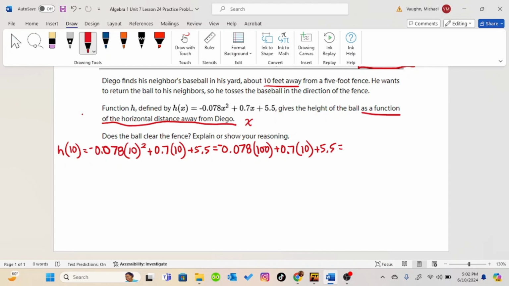We have negative 0.078 times 100, which means we move the decimal 2 spots to the right, and we get negative 7.8.